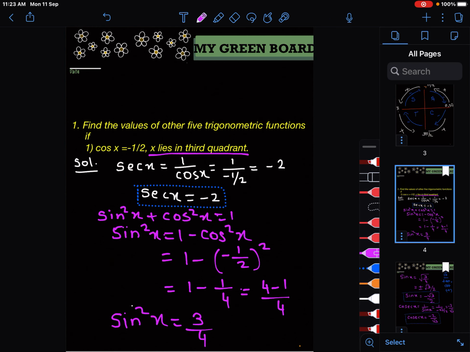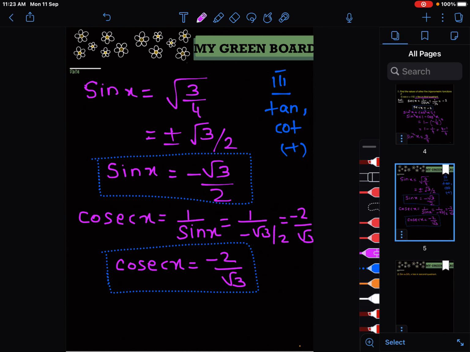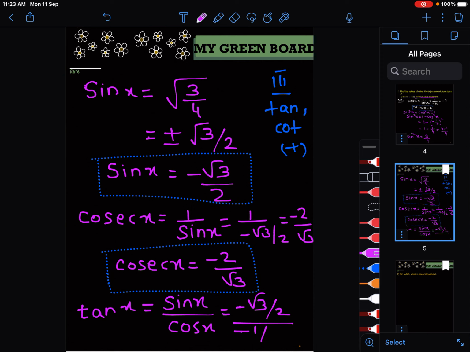We have found secant x, sin x, and cosec x. Now let's find tan x. Tan x is equal to sin by cos. We know that. So we already have this sin by cos: minus root 3 by 2 divided by minus 1 by 2.